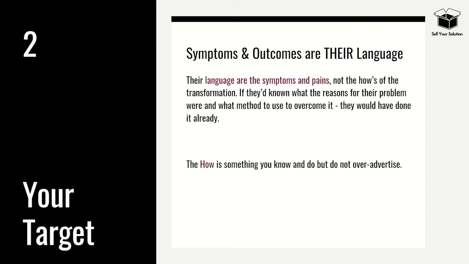Because if that is 100% clear, if you have nailed your value statement for the niche, then the symptoms should come very easy. If it's still unclear, then you have to go back and start again with a value statement where you fill out the blanks and you will come up with the symptoms.